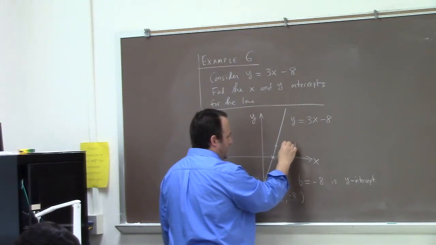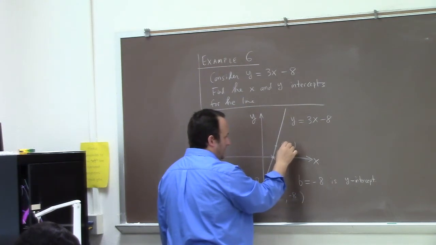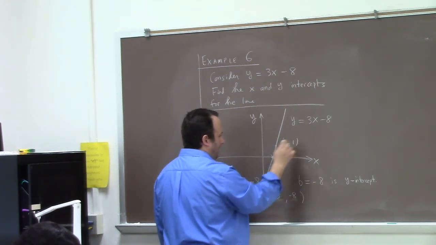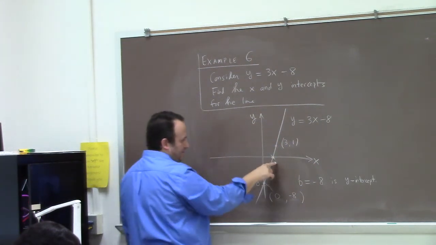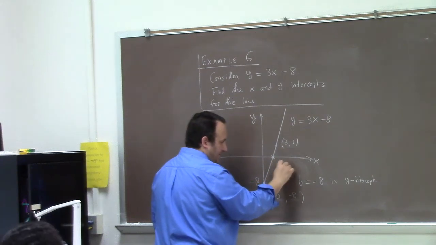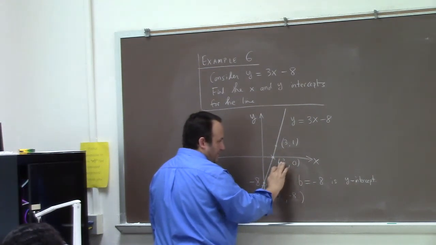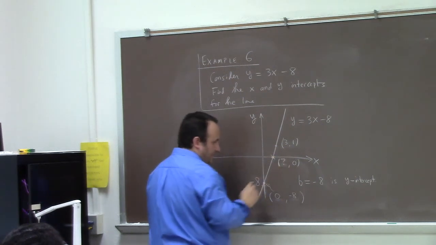I mean, (3, 1) is a point on the graph, but it's not the point we're interested in. We want this point right here, which is something comma 0, and we don't know what this is yet, right?